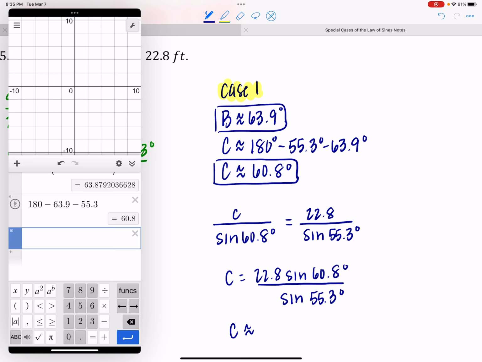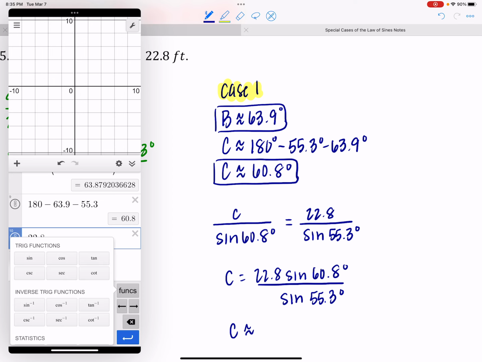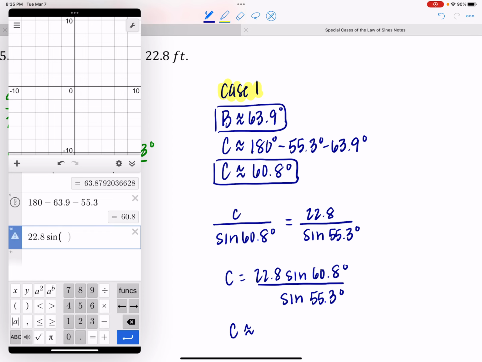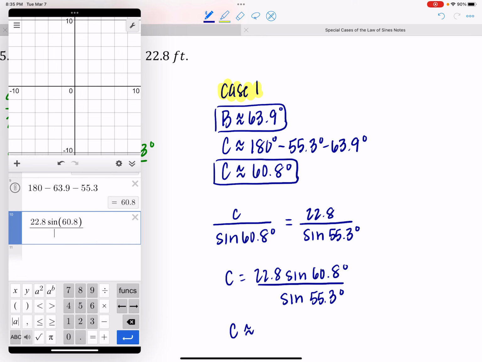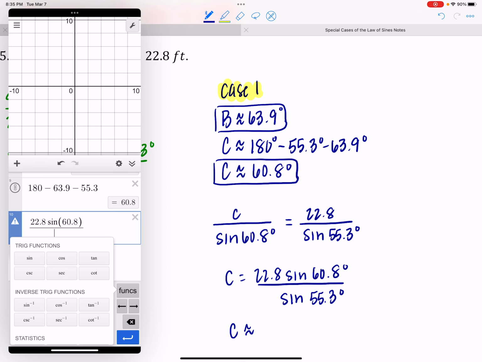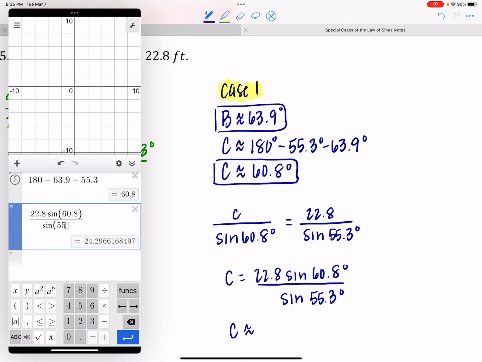And then we go to the calculator to get the approximate value for all that. So 22.8 times the sine of 60.8, and then divided by the sine of 55.3, and we end up with C being approximately 24.21, and this is our feet for case 1.